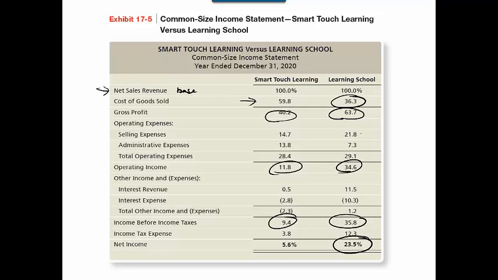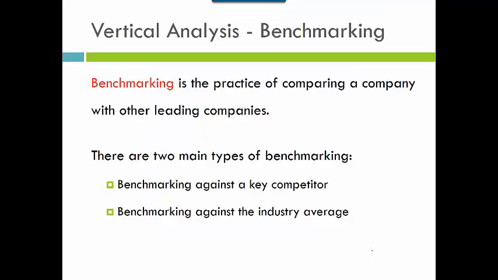Their selling expense is a little bit higher, but their cost of goods sold is significantly lower, and that is probably their biggest expense. So they're doing a good job of keeping their cost of goods sold lower, or they're more efficient there, which is driving up their profit. That's a really important way to look at it.